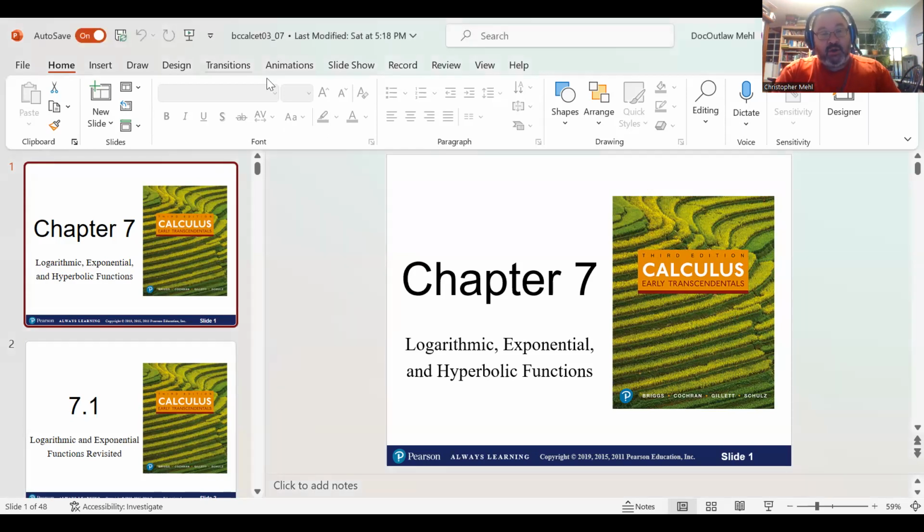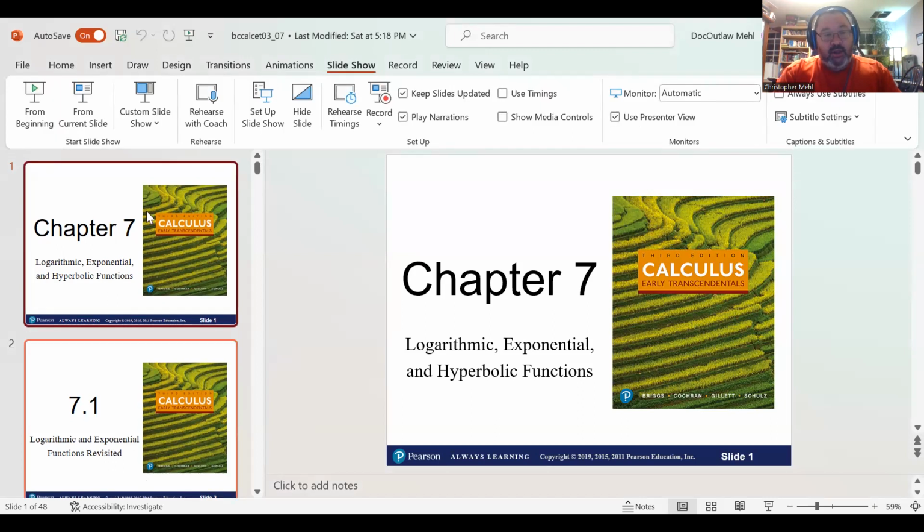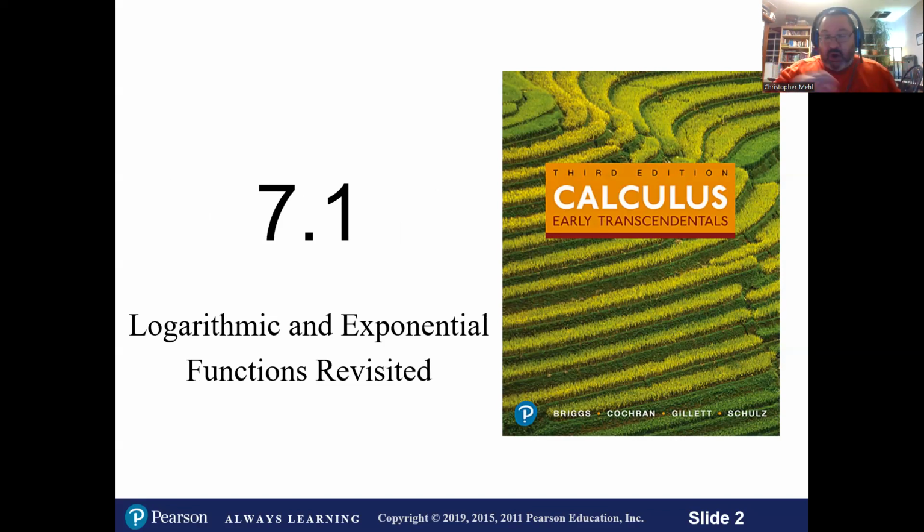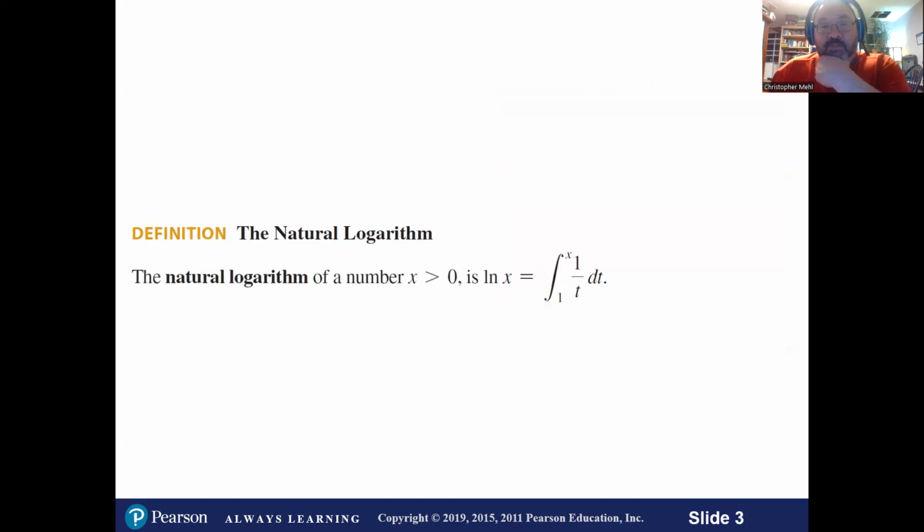And so we're going to discuss logarithmic and exponential functions to start, and then hyperbolics immediately afterwards. But let's start here with logarithmic, exponential, hyperbolic functions. We're going to start with revisiting logarithmic and exponential functions.